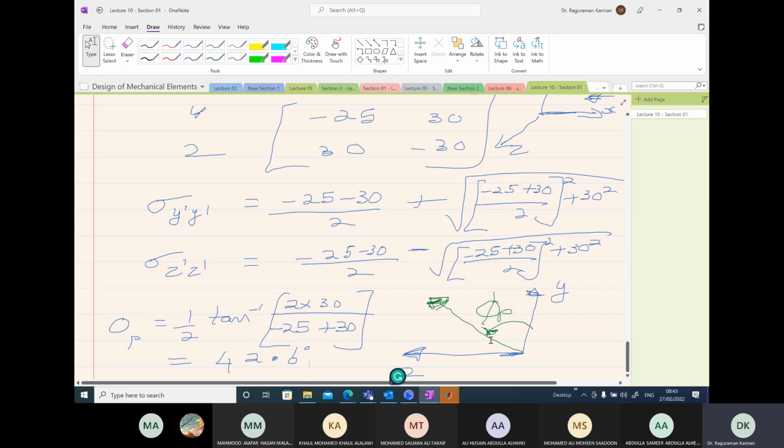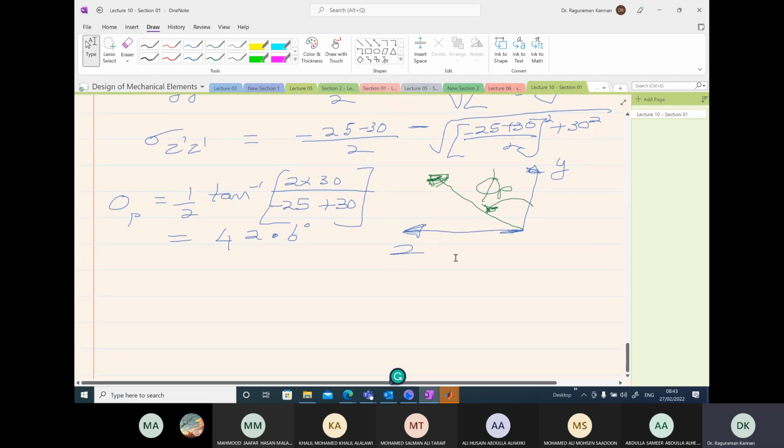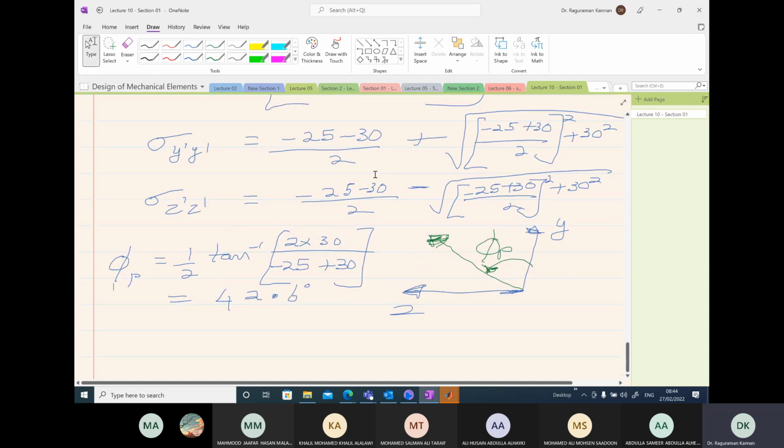So that is what we are using here. Now we need to be careful. If I ask you to find out the maximum principal stress value, and the direction corresponding to the maximum principal stress, for that, we need to find the values here.